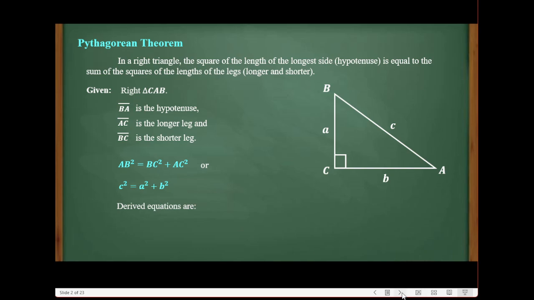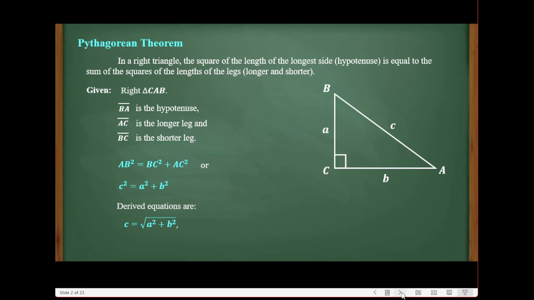The first one is C is equal to the square root of A squared plus B squared. This transformation is very useful when finding the length of the longest side given the lengths of the two legs.